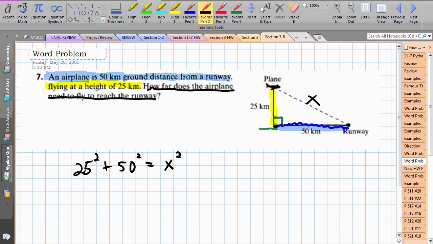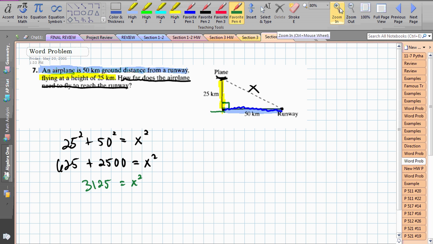So 25 squared is 625. 50 squared, I believe, is 2500, and x squared is just x squared. So in this case, I got 2500 plus 625, which is 3125.